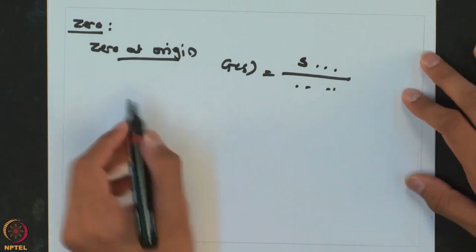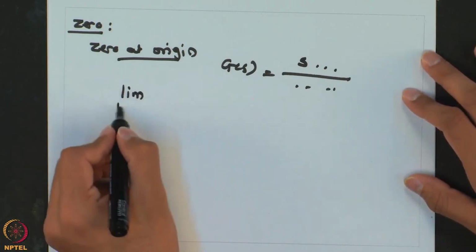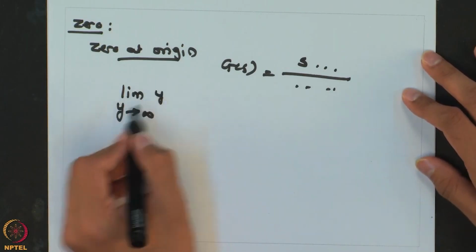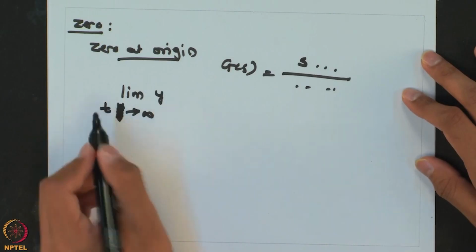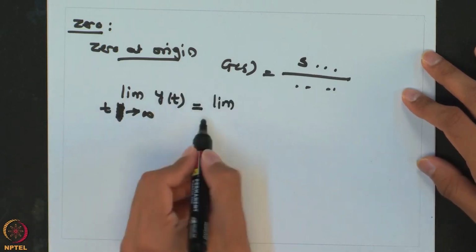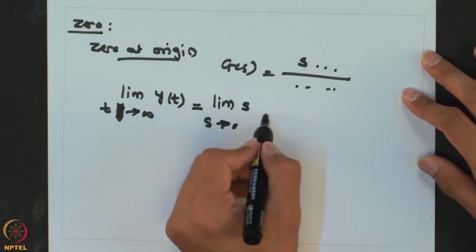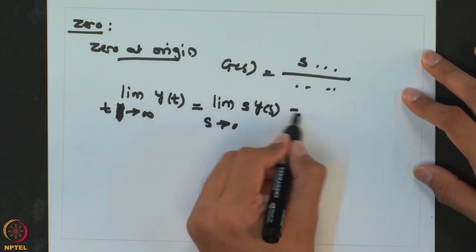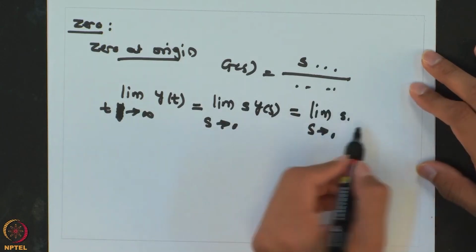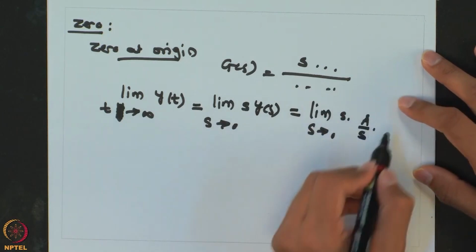So whenever you try to find out the final value, by the final value theorem, it will be limit s tending to 0 of s times Y(s), which is limit s tending to 0 of s times the step response.